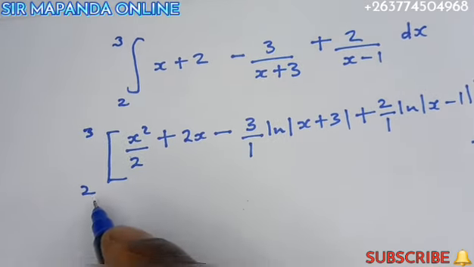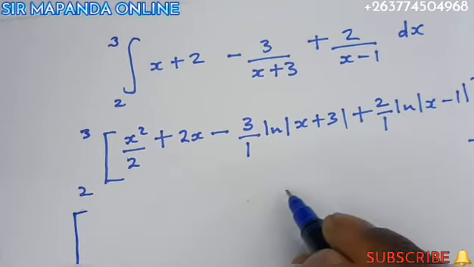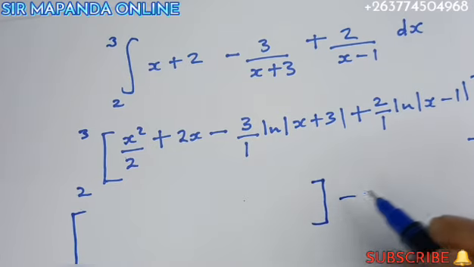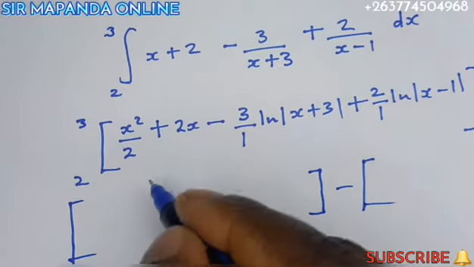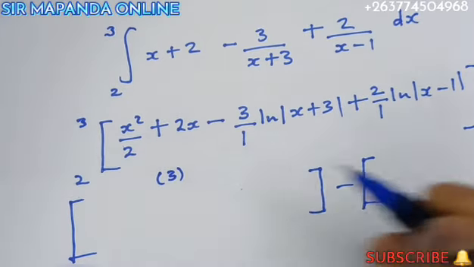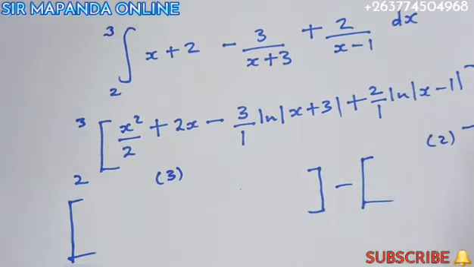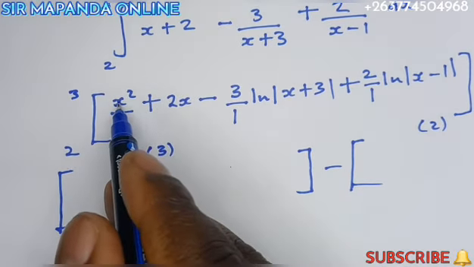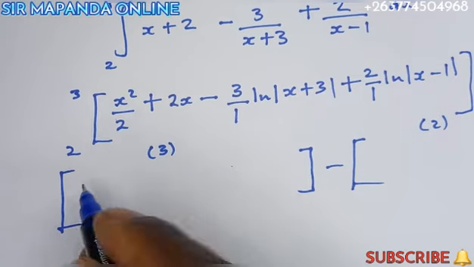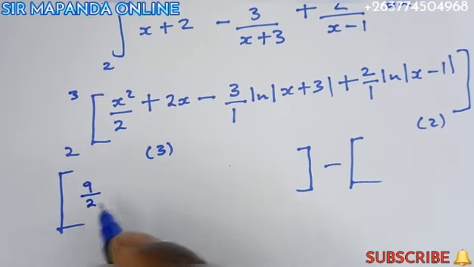Then you are saying bracket, right, minus what? Minus bracket. In the first bracket, we are going to substitute 3 on x. In the second bracket, you substitute 2 on x. So putting 3 on x, this is 3 squared, which is as good as 9. You get 9 over 2.